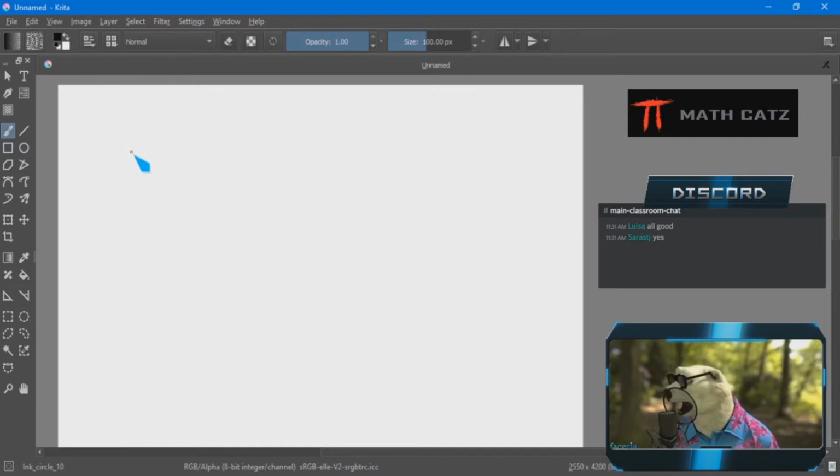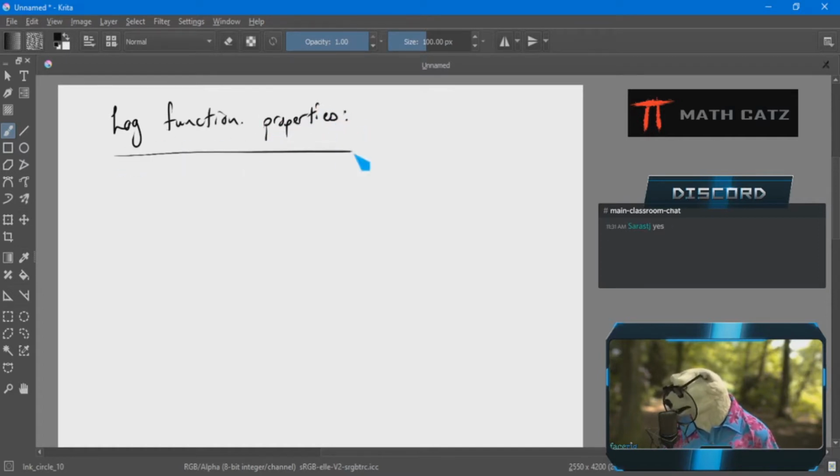Okay. So where are we? We have looked at the natural logarithmic function, and we expanded that to the general base logarithmic function, but regardless of which base you look at, we had some properties.